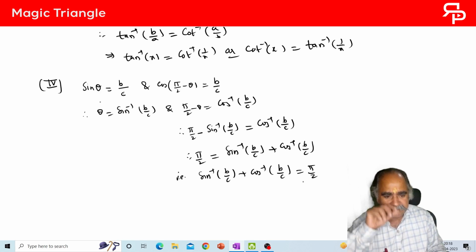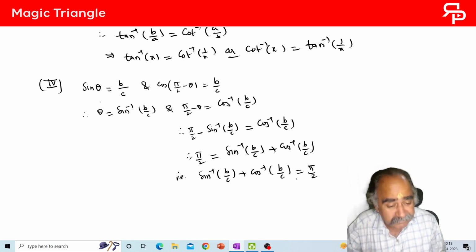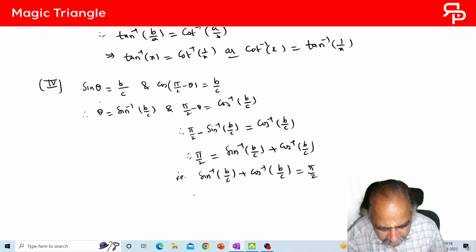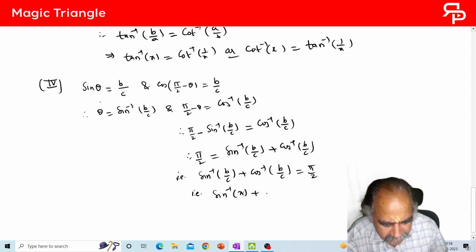This means sin inverse of any value plus cos inverse of the same value gives what? Pi by 2. So we can write this as: sin inverse x plus cos inverse x is equal to pi by 2.